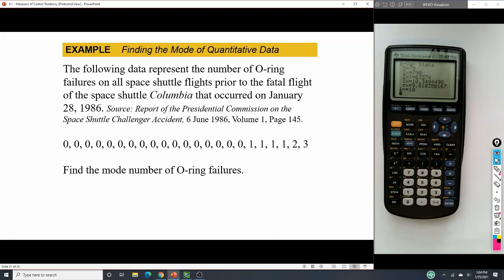And so we can see we've got a whole bunch of zeros, some ones, a 2, and a 3 on them, okay? And so when we look at that, there's a bunch more zeros than there are 1s, 2s, and 3s. And so therefore, the 0 is the most frequent, and it is the mode.